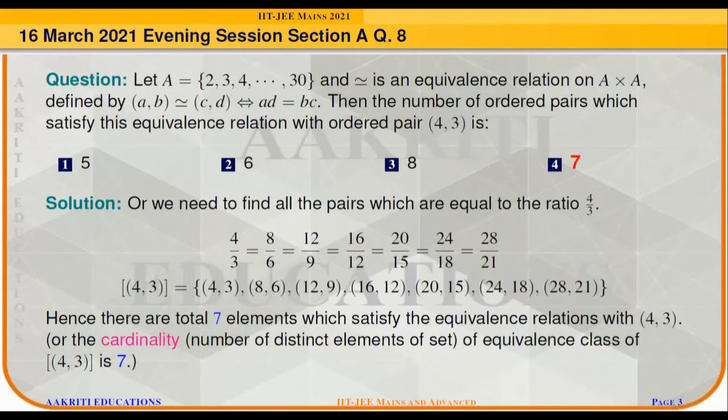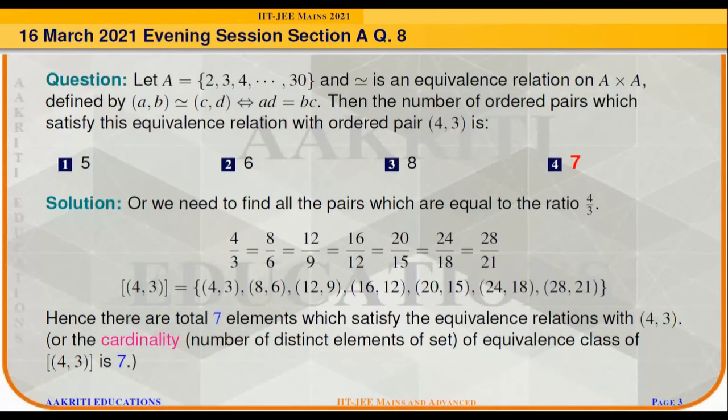We will have to stop at 28 because the maximum element of the given set A is 30. Hence, the equivalence class of ordered pair 4, 3 consists of 4, 3, 8, 6, 12, 9, 16, 12, 20, 15, 24, 18 and 28, 21.